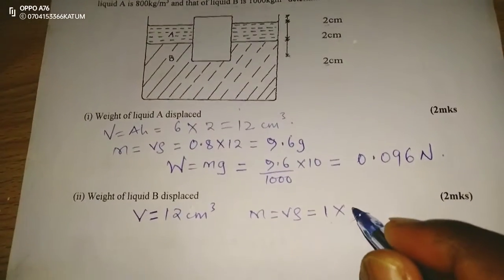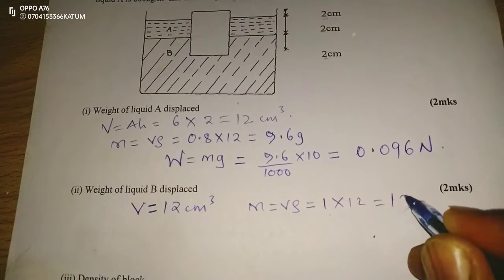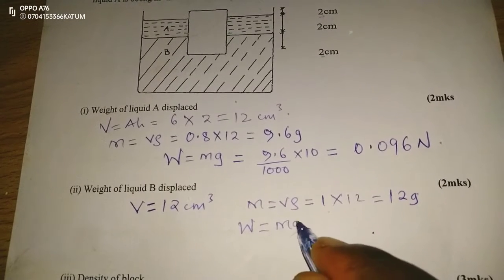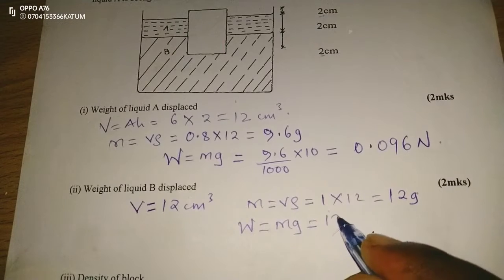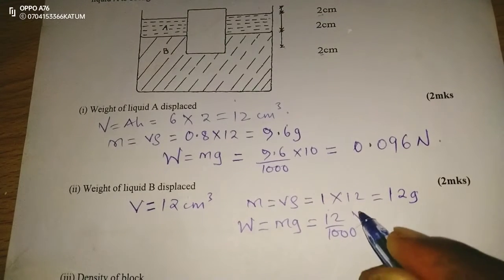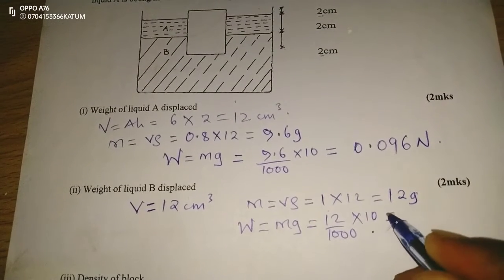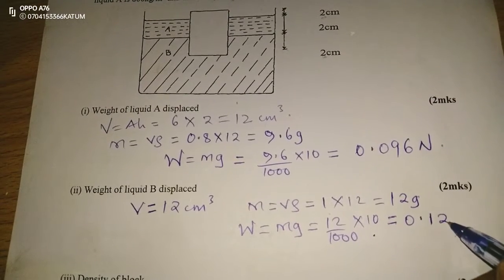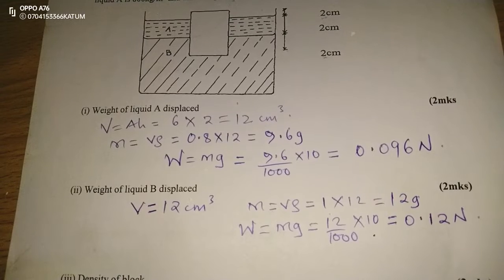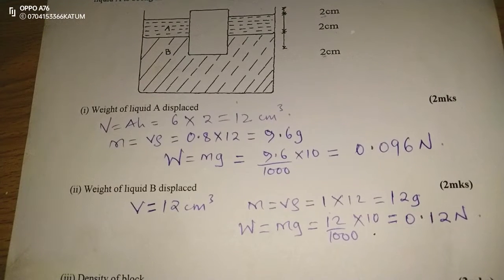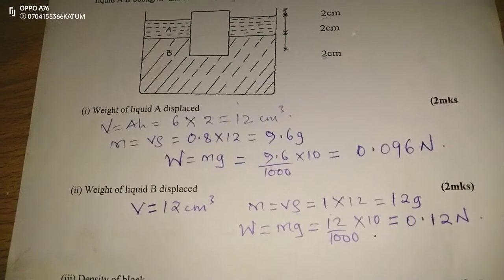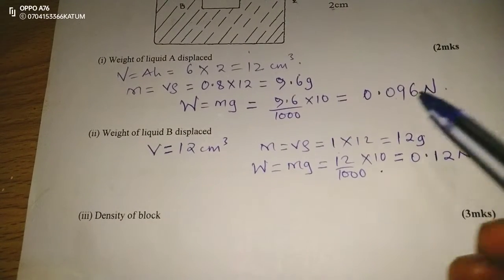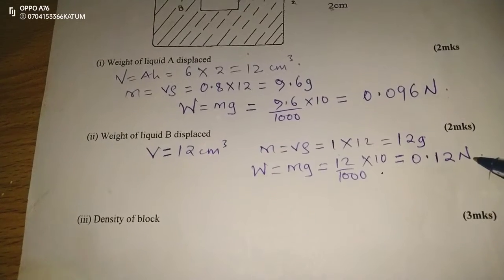It becomes 1 times 12, which is 12 grams. To make it weight, we multiply the mass by g. Therefore, 12 over 1000 multiplied by 10 gives us 0.12 newtons.